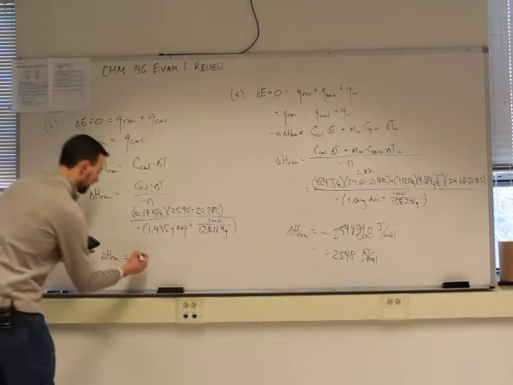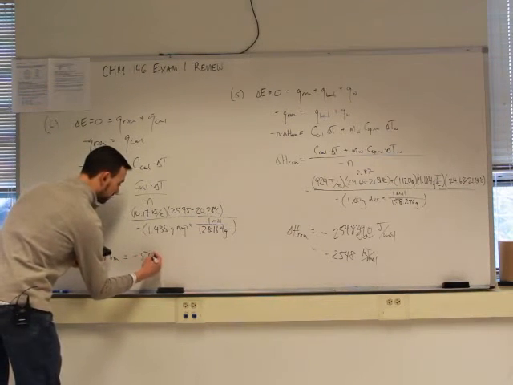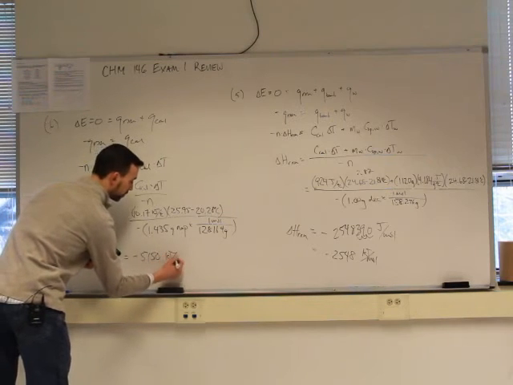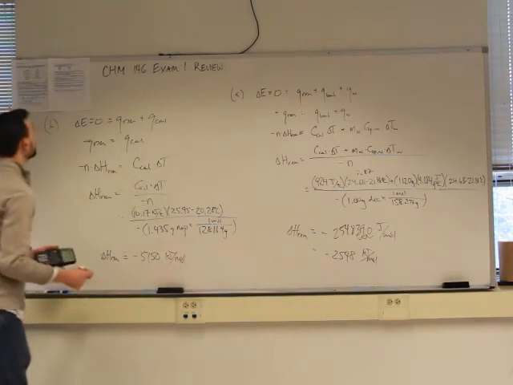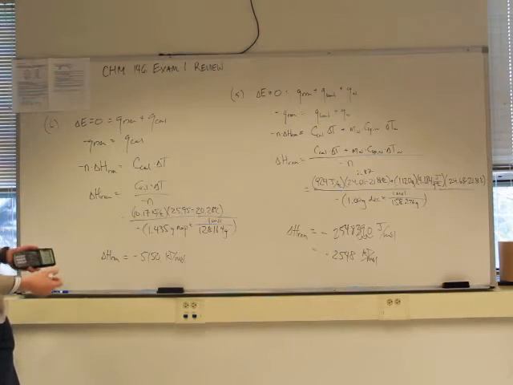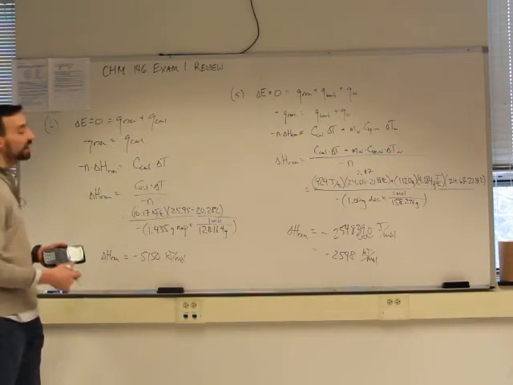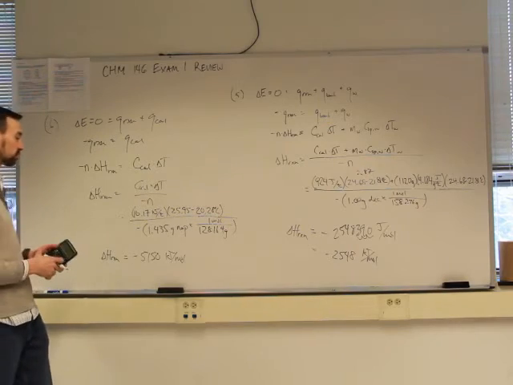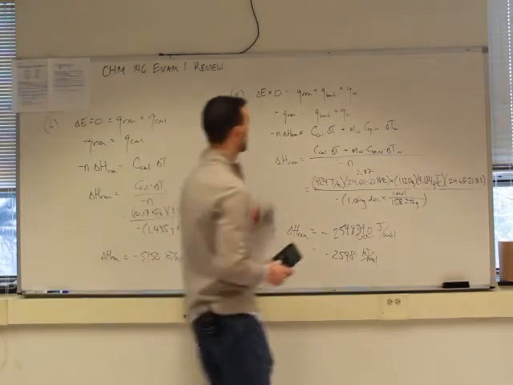And I come up with negative 5,150 kilojoules per mole. If we were leaving this in joules, it would be times 10 to the 6th, but this is 5.15 times 10 to the 3rd kilojoules per mole, as I've put on the answer key.